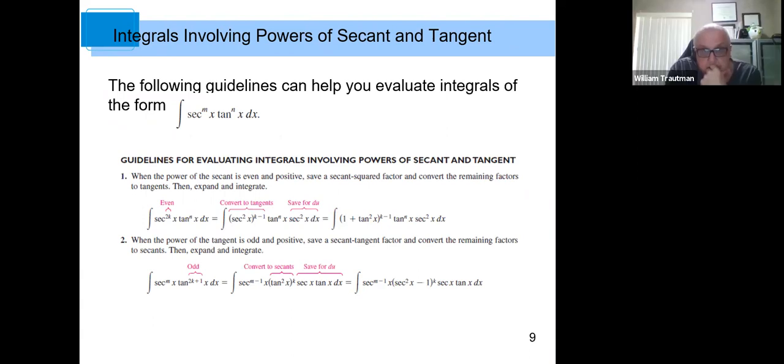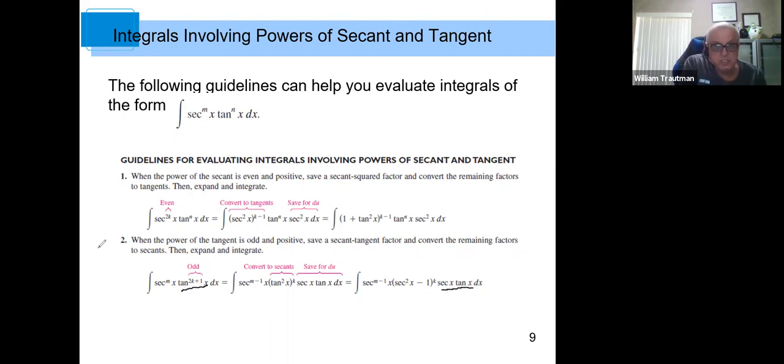You're going to change everything to secant. The tangent is odd. In this one, it's number 2. The tangent is odd, and we're going to change everything to secant, and we're going to take a secant tangent out.